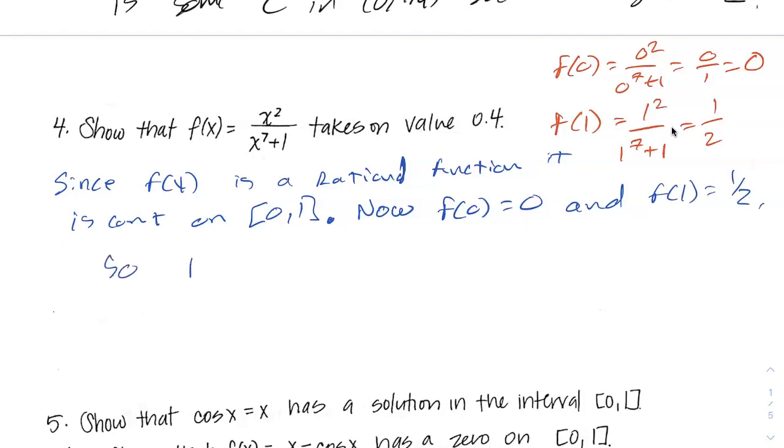So f of 0 is less than 0.4, which is less than f of 1, which is 1/2. So now we can say by IVT that 0.4 does fall between 0 and 1.